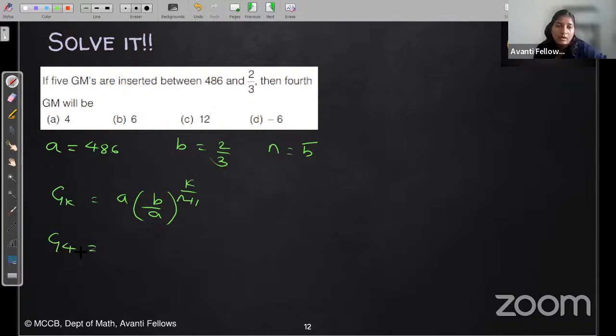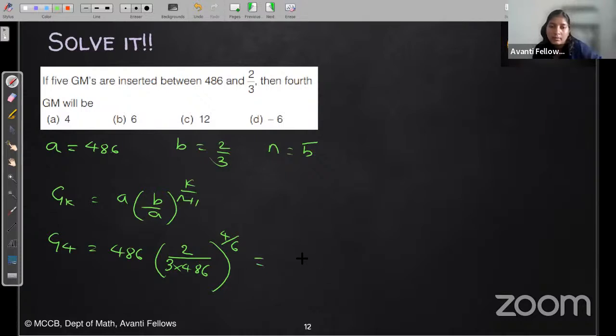So G4, the fourth geometric mean, will be equal to A, A is nothing but 486, into B divided by A, so 2 by 3 divided by 486, whole raised to K by N plus 1. So 4 divided by 6.